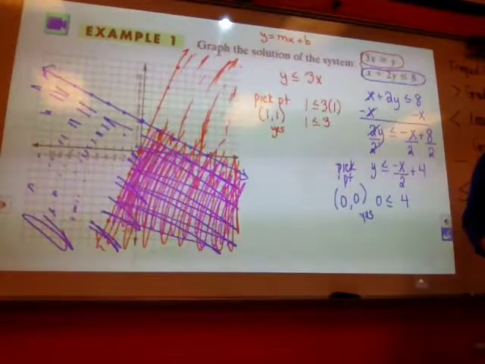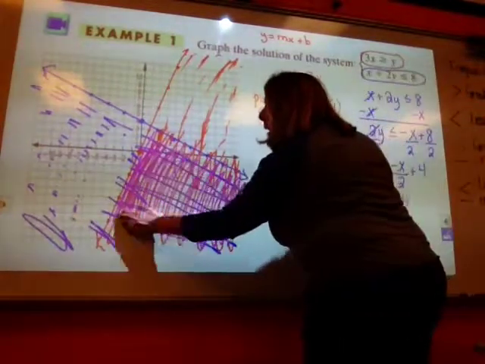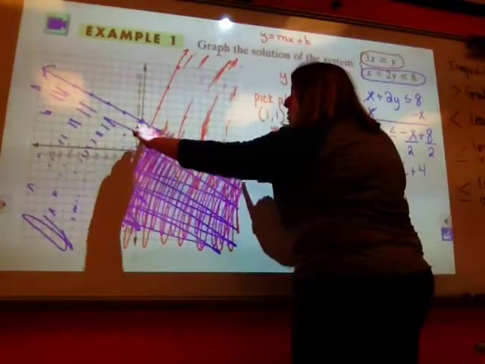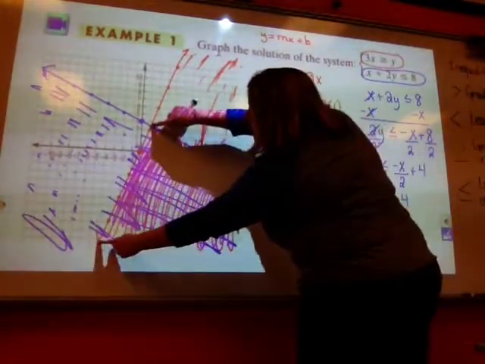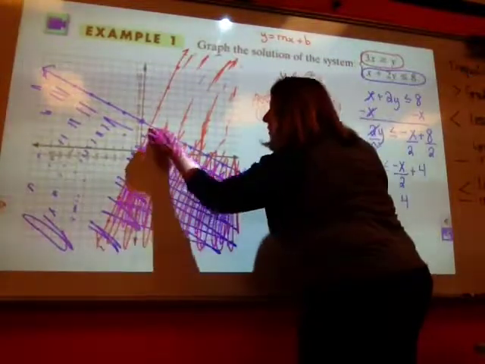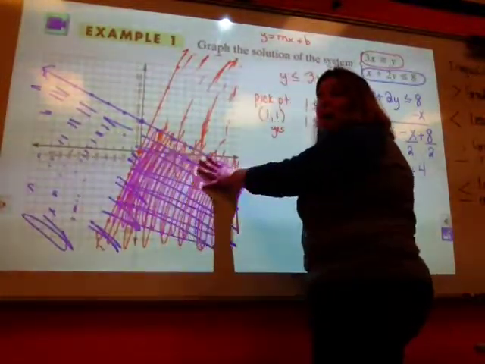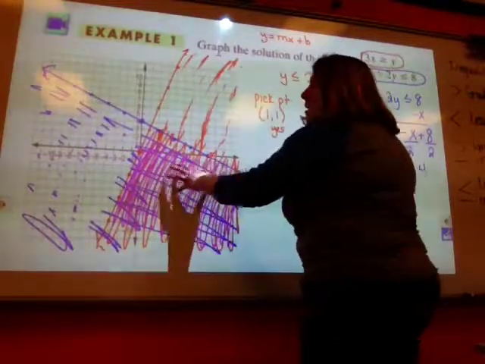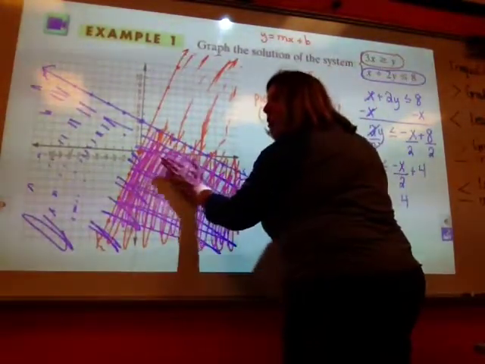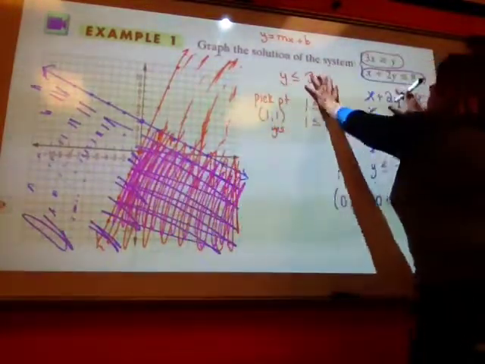Does that make sense? So any ordered pair within this region, including this part of the line and that part of the line, these are called boundary lines. Anything within this region is going to be a solution to these two inequalities.